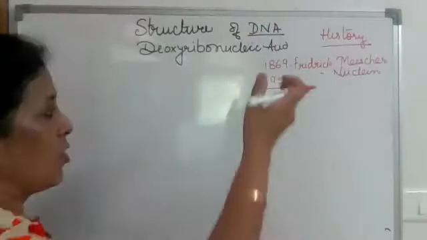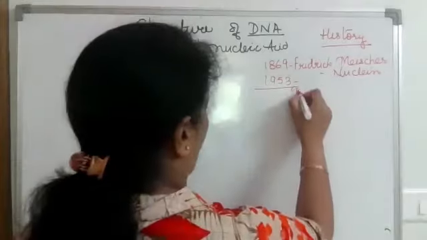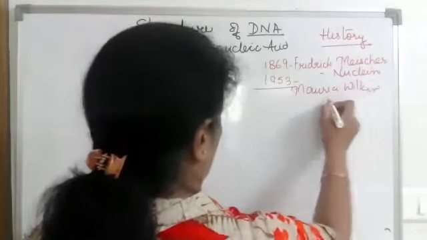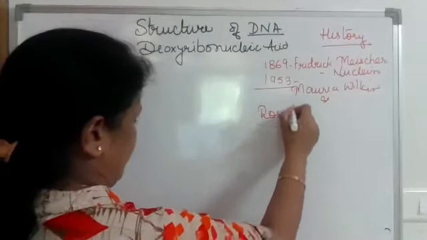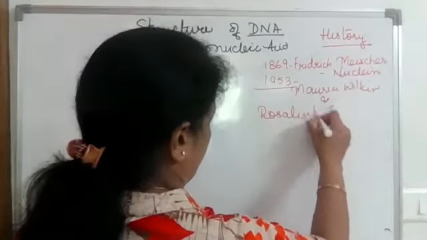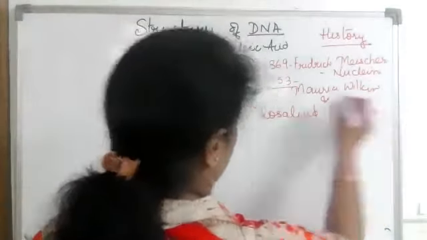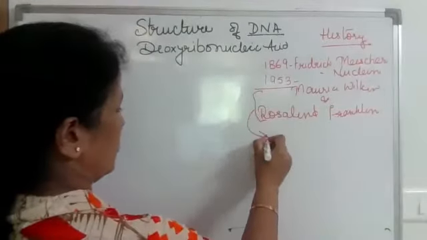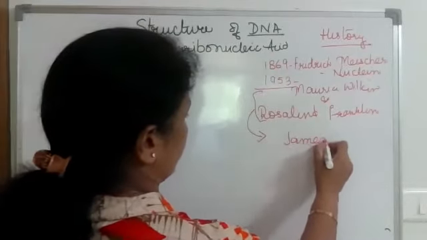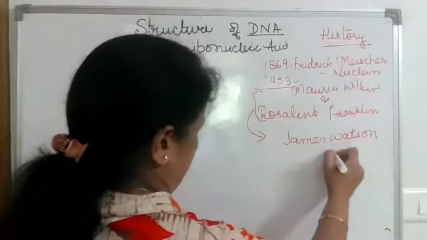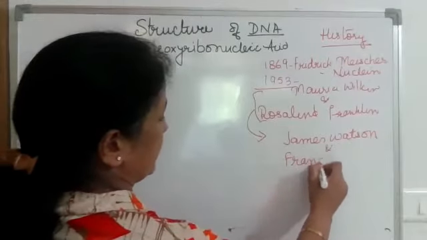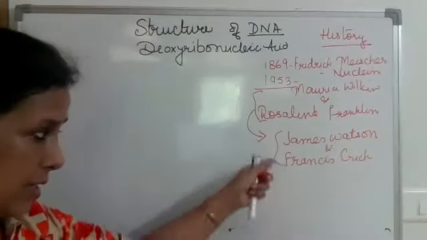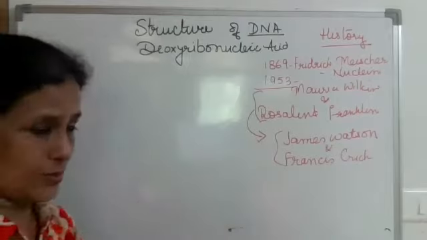Then after a very long period, in 1953, Maurice Wilkins and Rosalind Franklin, both these scientists gave the X-ray diffraction of DNA, and on the basis of this, James Watson and Francis Crick gave the double helix structure of DNA and they got the Nobel Prize for this structure also.